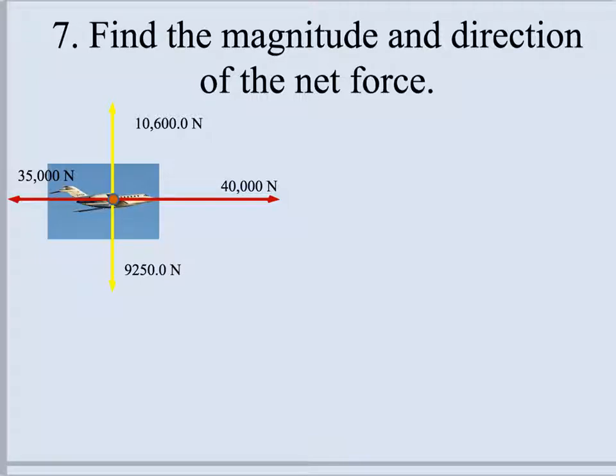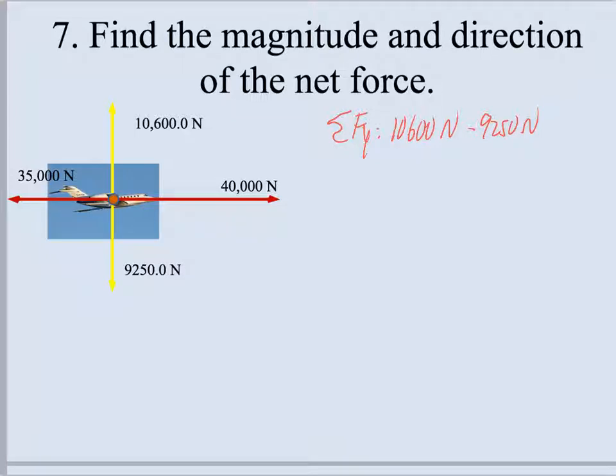All right, same directions as the previous two. Find the magnitude and direction of the net force. On this one, though, it doesn't look like it's a right triangle problem, but if you sum the forces, it will be. We have, along the y-axis, 10,600 newtons going up, and we have 9,250 going down.